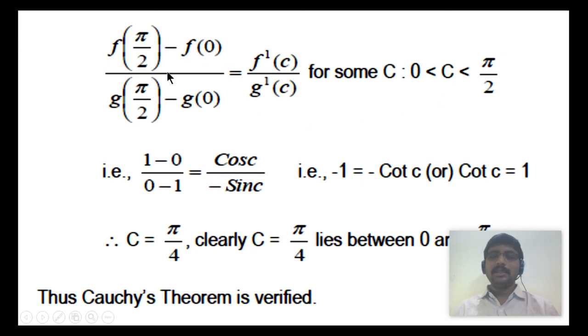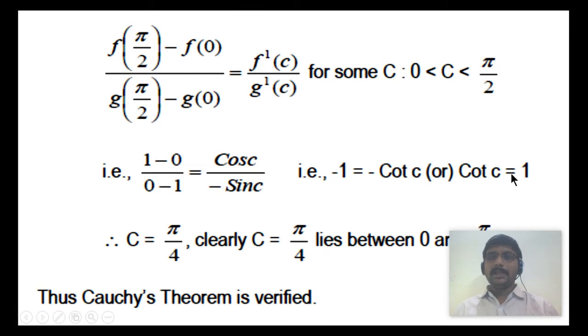Now substituting the values for f of pi by 2, f of 0, g of pi by 2, g of 0, f dash of c and g dash of c, and computing for c. So here we will have negative cot c is equal to negative 1, minus minus get cancelled, cot c is 1.